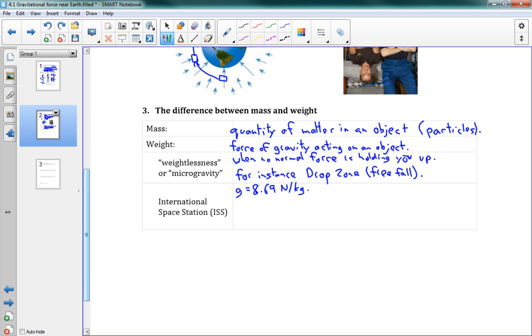So they're only 400 kilometers above the Earth's surface. But they seem weightless because of free fall, because they're constantly free falling towards the Earth.